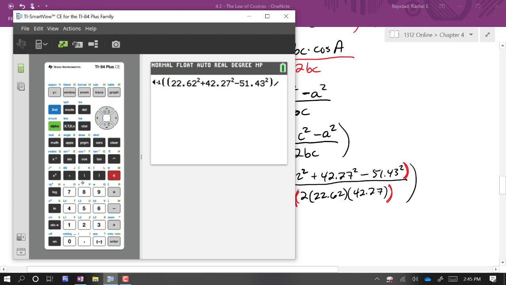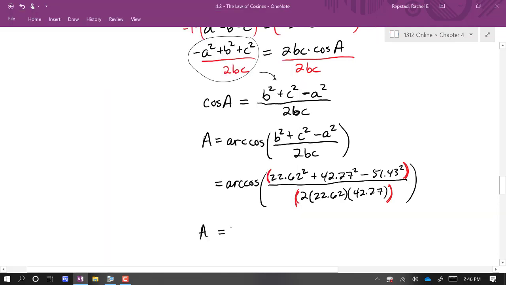Dividing by, opening a set of parentheses and putting my denominator in there, 2 times 22.62 times 42.27. Closing the parentheses in the denominator, closing the parentheses on the arc cosine function. I hit enter, I get 100.4 degrees. So, as it turns out, angle A is obtuse. We found it. Now I know that the other angles that remain have to be acute.